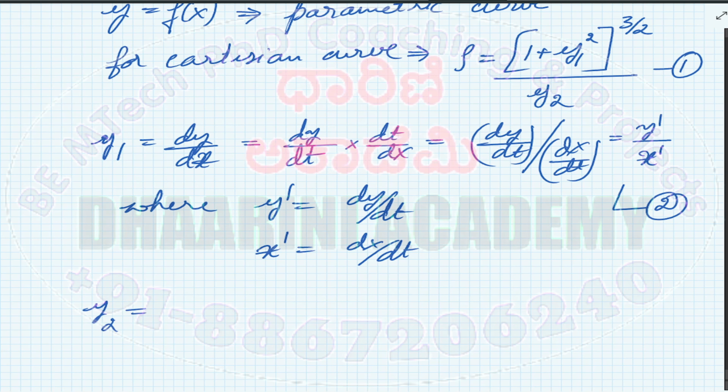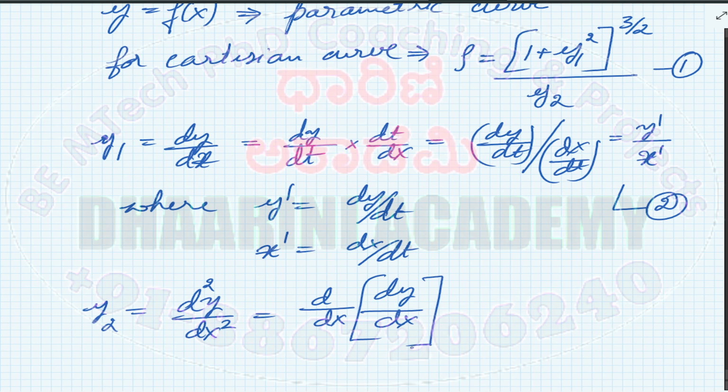So what is y2? Y2 basically is d square y by dx square. That is nothing but d by dx of dy by dx, isn't it? Now you see that this dy by dx we just calculated in equation 2.